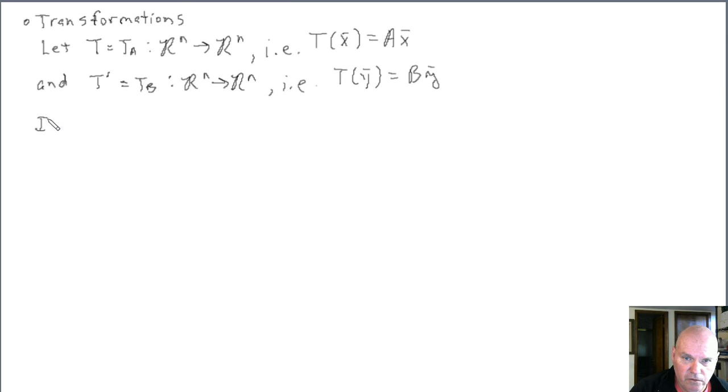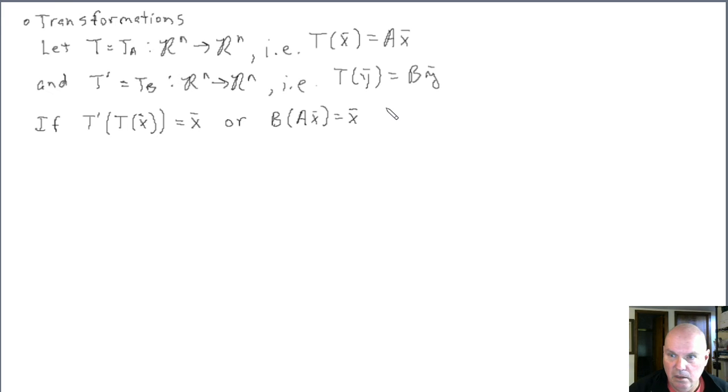Then, if it's true that this T prime transformation on the Tx transformed vector is equal to x, or equivalently, representing this by matrices, BAx is equal to x, then B is equal to A inverse. Okay.